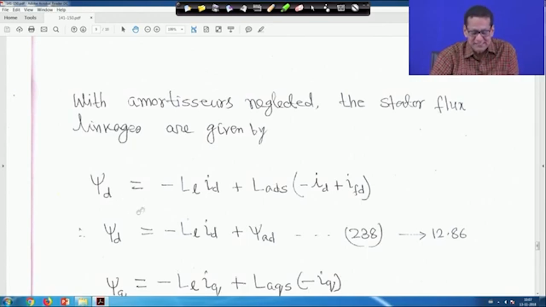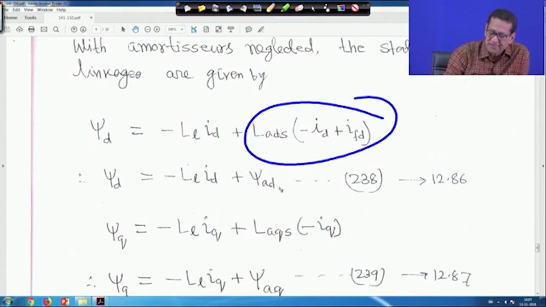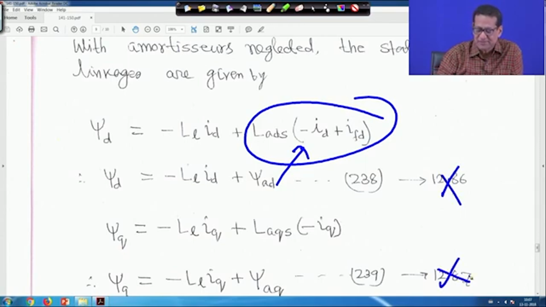So, it will be minus LL ID plus LADS in bracket minus ID plus IFD, or psi d is equal to minus LL ID plus psi AD. Psi AD is equal to this term. Please go back to figure 20A. This is my psi AD. This is for my reference. So, psi d is equal to minus LL ID plus psi AD.